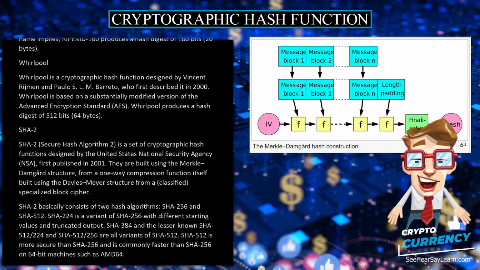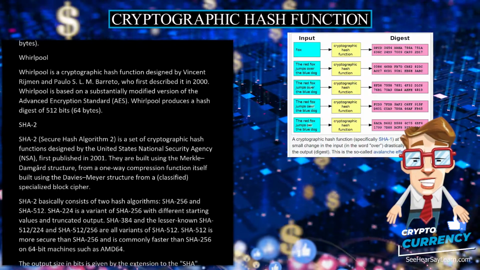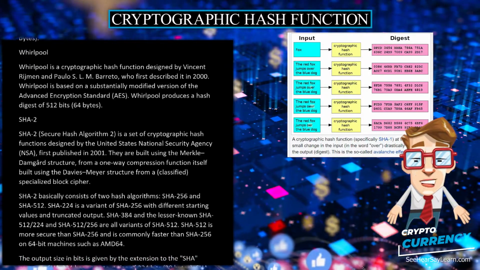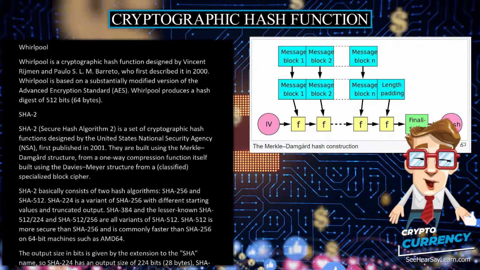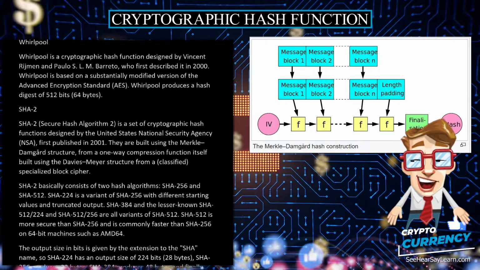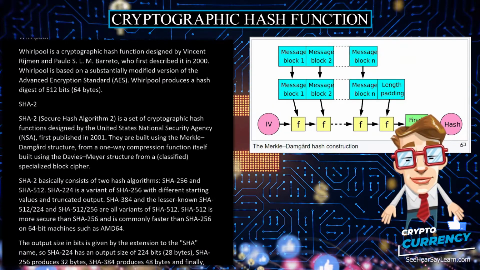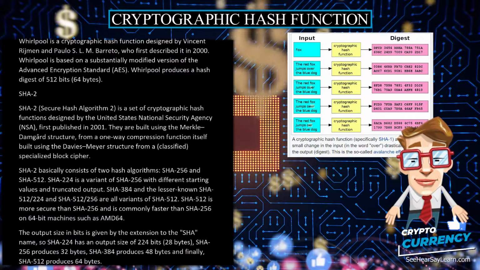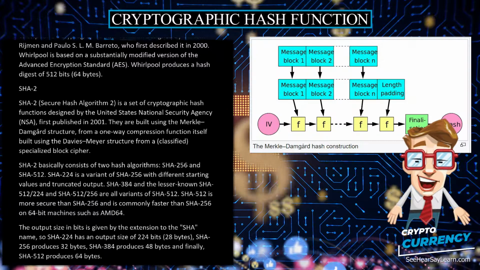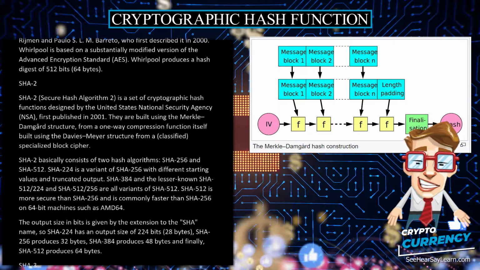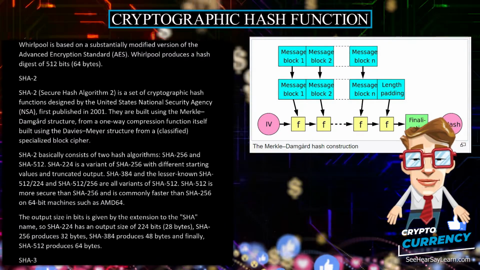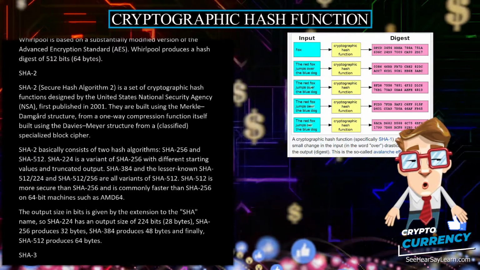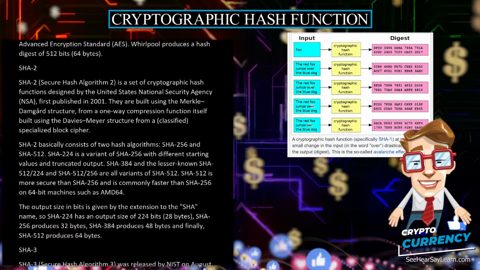SHA-3. SHA-3, Secure Hash Algorithm 3, was released by NIST on August 5, 2015. SHA-3 is a subset of the broader cryptographic primitive family Keccak. The Keccak algorithm is the work of Guido Bertoni, Joan Daemen, Michaël Peeters, and Gilles Van Assche. Keccak is based on a sponge construction which can also be used to build other cryptographic primitives such as a stream cipher.